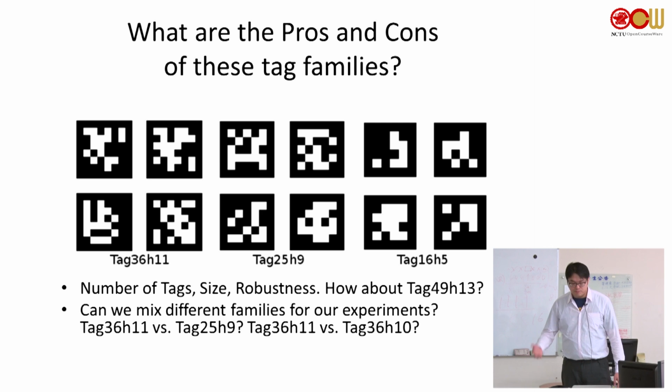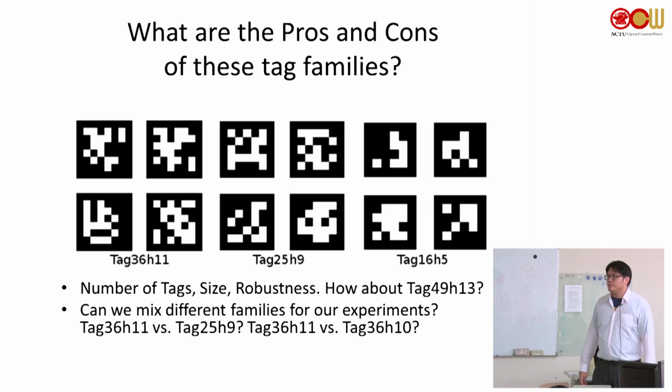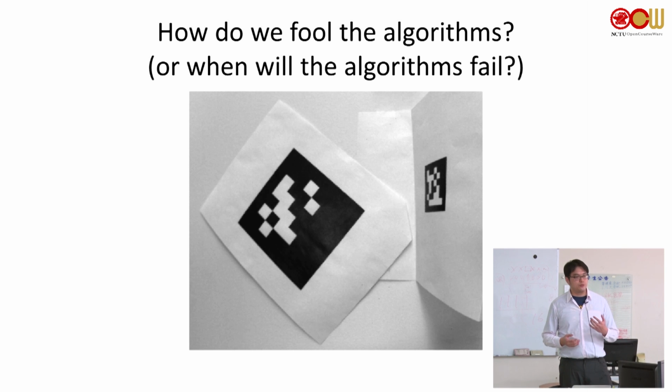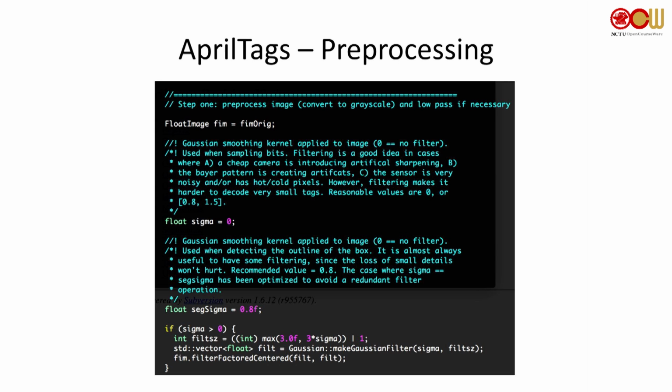So that could make things a little bit easier. Especially if you have a very tiny AprilTag, you want to put it on a tiny animal, maybe this will also help. So this is the question you always want to ask yourself: now there is an AprilTag algorithm, and how are we going to attack the algorithm, try to make it fail? Let's get started with the first step, okay?